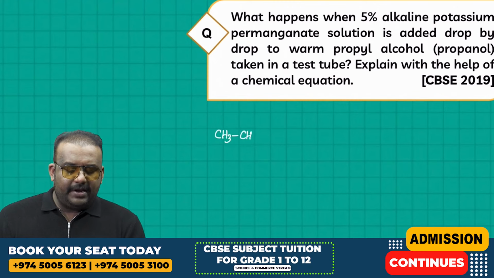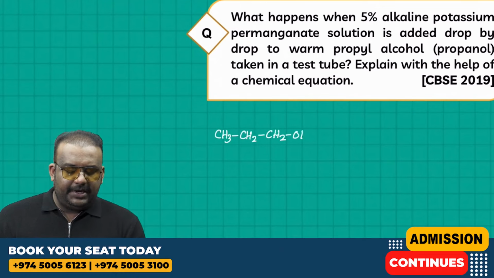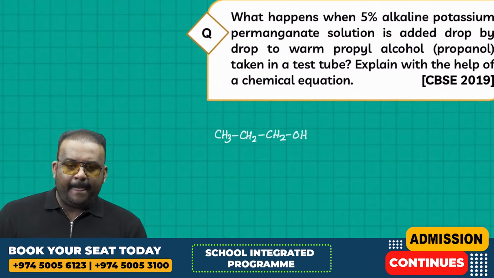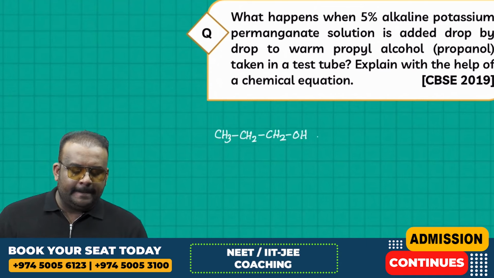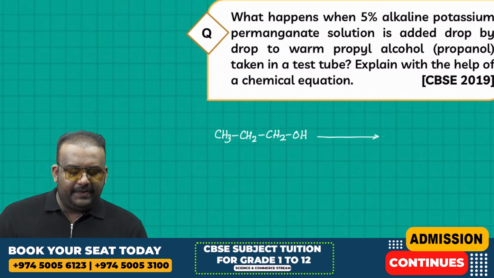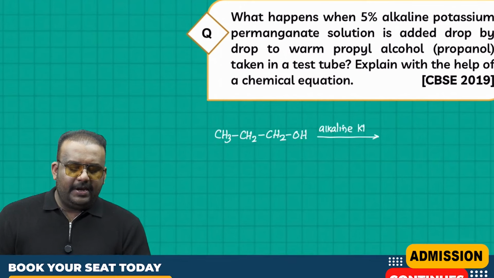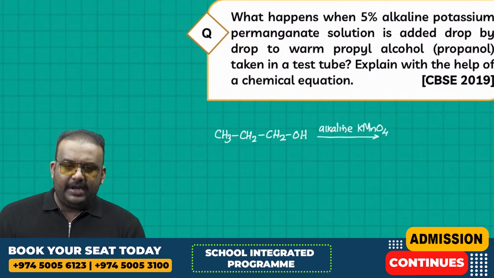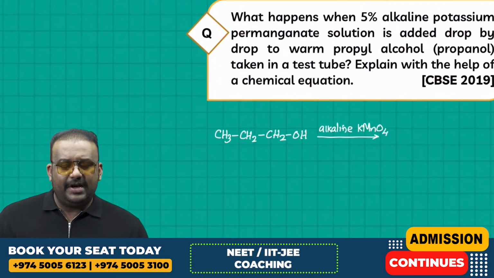You guys know that propyl alcohol is CH3CH2CH2OH, which is known as propanol in IUPAC nomenclature. When we treat this with alkaline potassium permanganate, which is a powerful oxidizing agent, right?